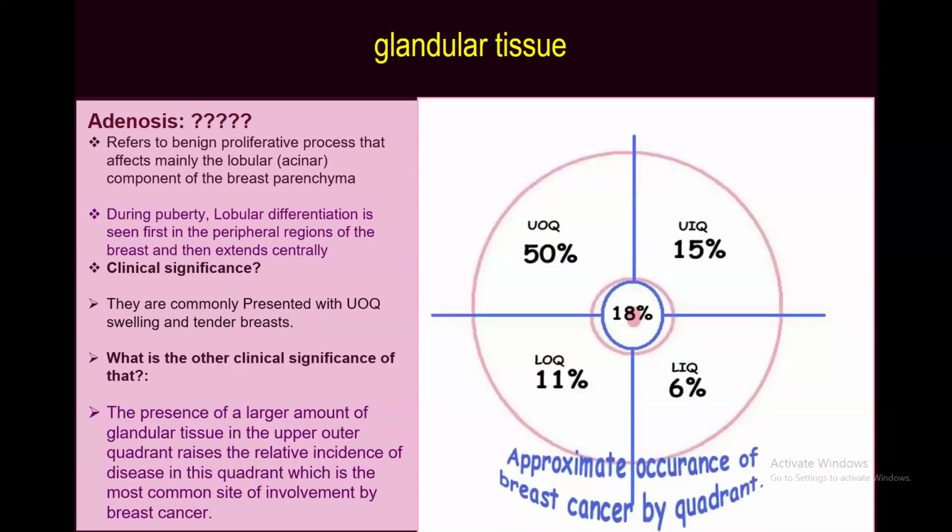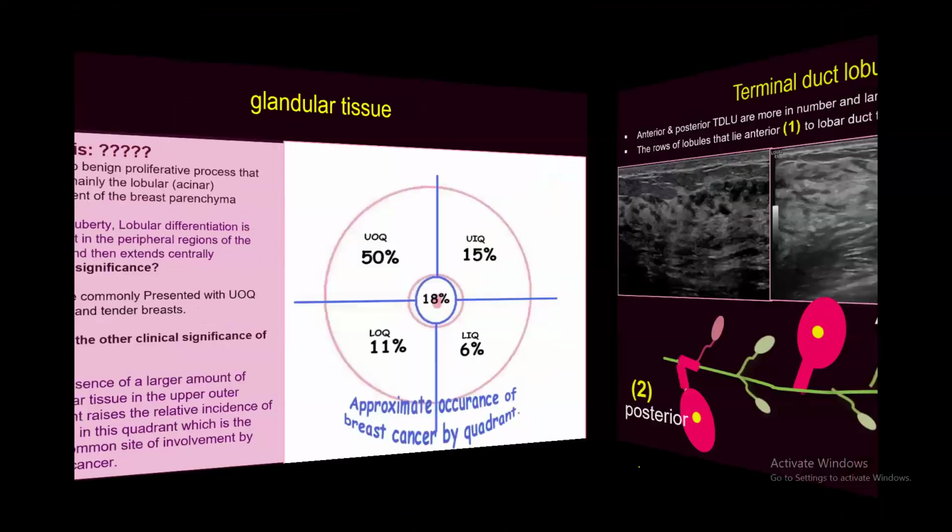The presence of a large amount of glandular tissue in the upper outer quadrant, the latest part of the breast to be involuted, makes it what? The commonest location of breast cancer. The common spot. Almost half of breast cancers present in the upper outer quadrant.